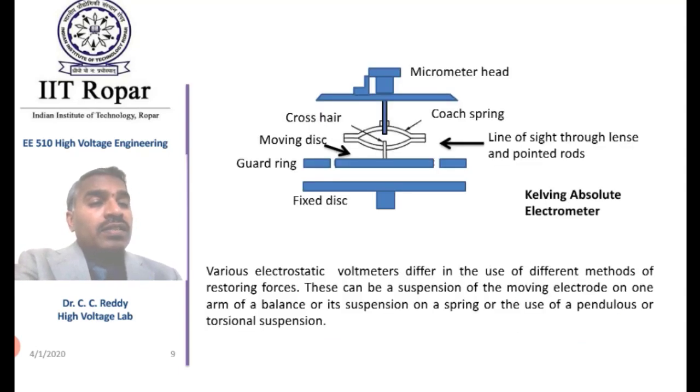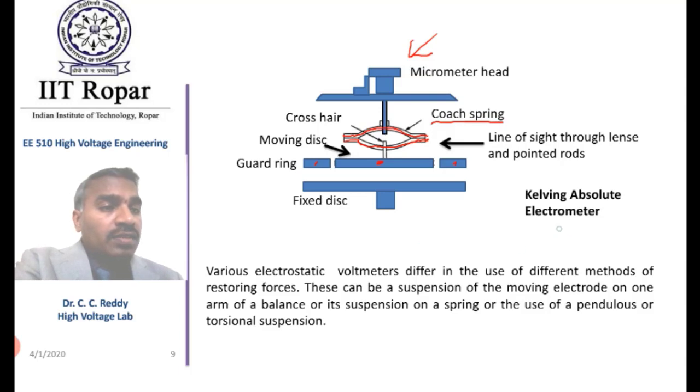Similarly, this is another similar system. Here is the main central electrode, and this is the guard ring actually, and a moving disc, this moving electrode. This is called a coach spring. So this upper part and this lower part constitute a spring actually. This is a micrometer head to adjust the spring tension and all.